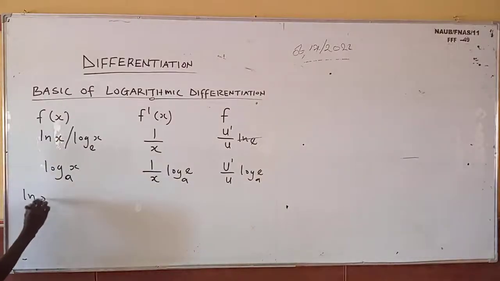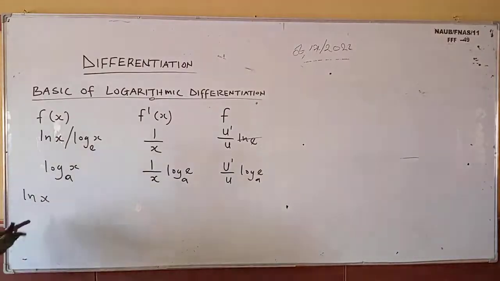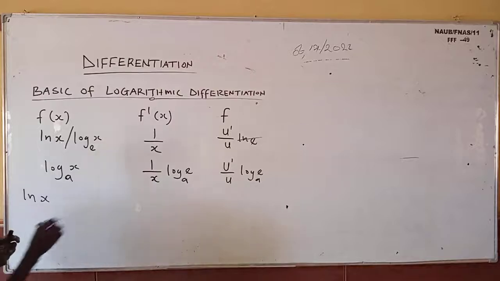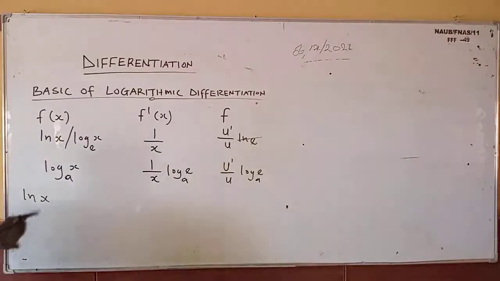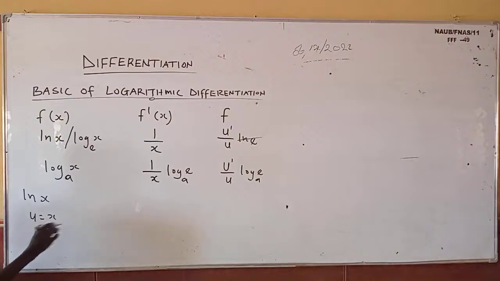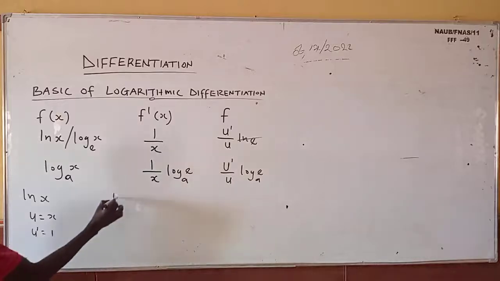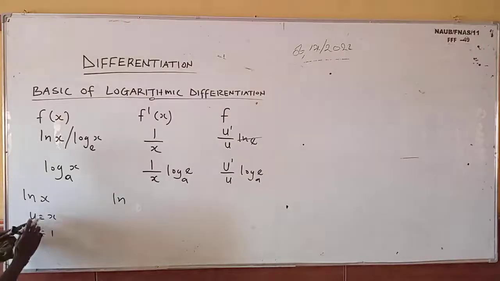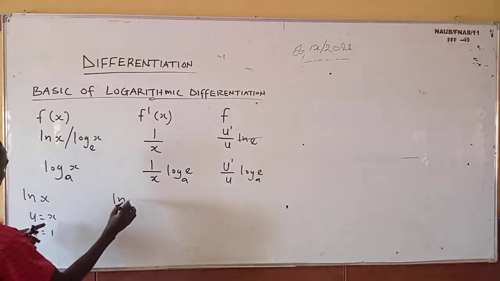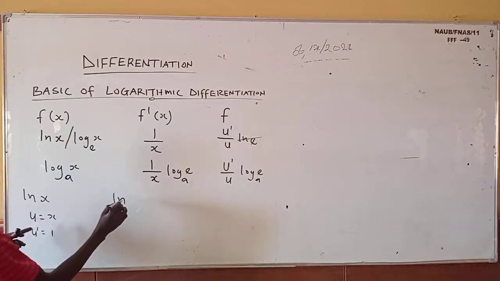Look at this ln s now. ln s, and I want to use this formula here. I know that my u will be equal to what? s. Right? Then u prime will be equal to, if I differentiate s, I'm going to have what? 1. Do you understand? And I say the formula ln s. Don't forget that your s is your u.